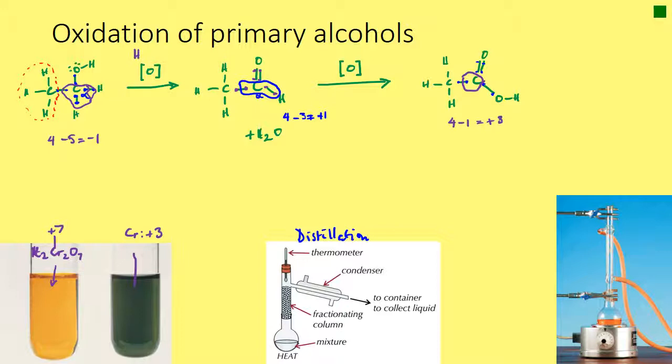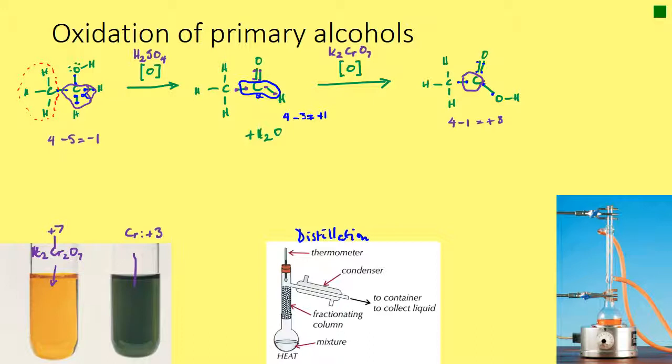So let's put H2SO4 in here, which might be commonly used if you just wanted to take it to an aldehyde. If you wanted to take it all the way to your carboxylic acid, then you would use this potassium, or sodium, let's call it potassium dichromate. You would use that oxidizing agent there if you were interested in synthesizing the carboxylic acid.